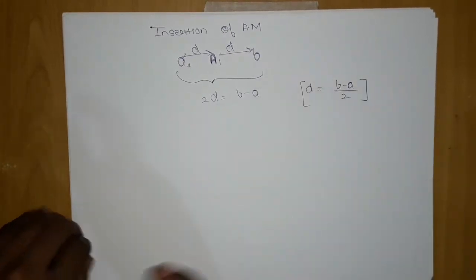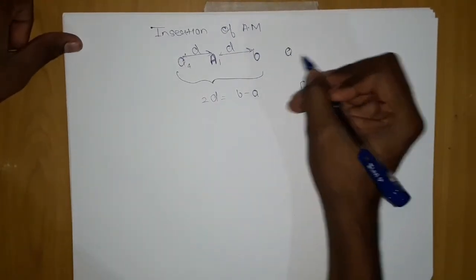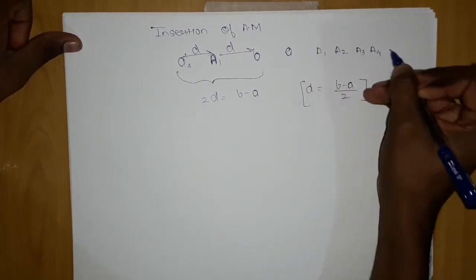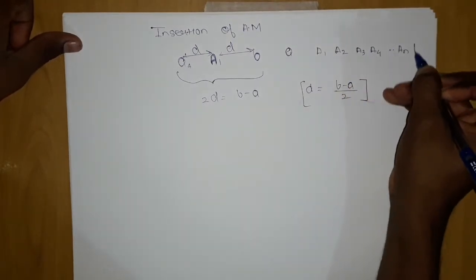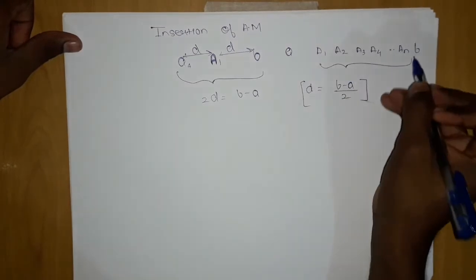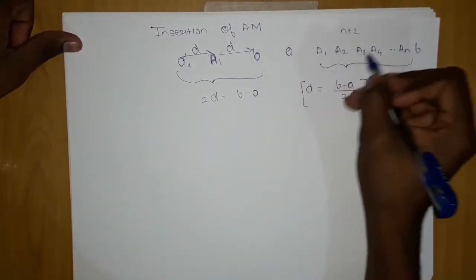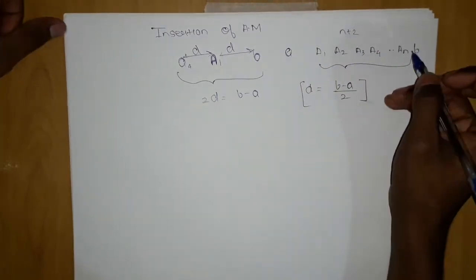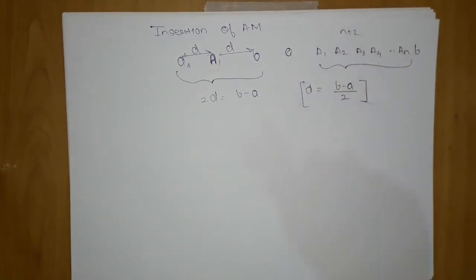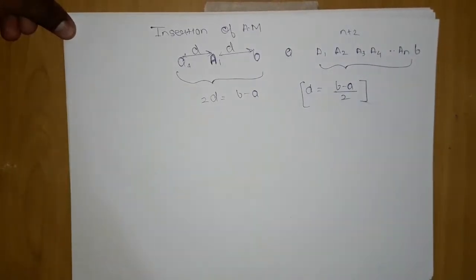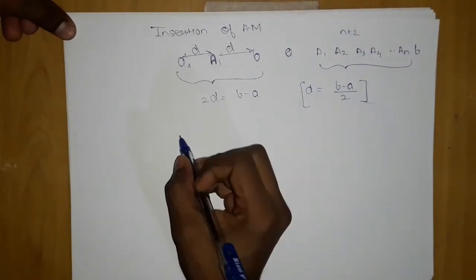Now if I expand this series, between a and b there are A1, A2, A3, A4, till An. How many total terms are there? n plus 2. If these are n and these are 2 terms, n plus 2 total terms. Now if I want a particular AM, how will you come to know it?